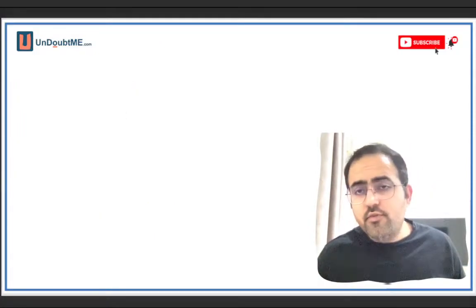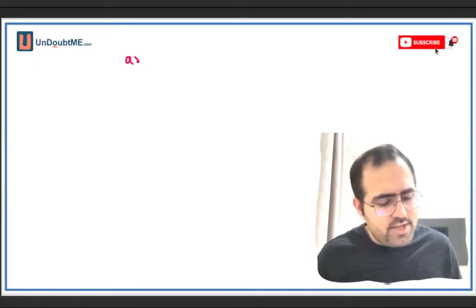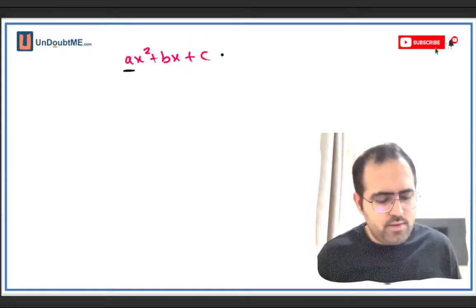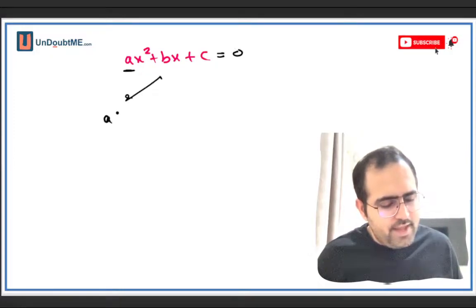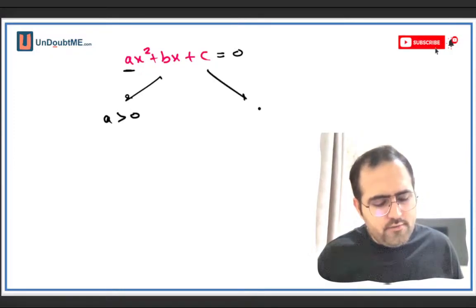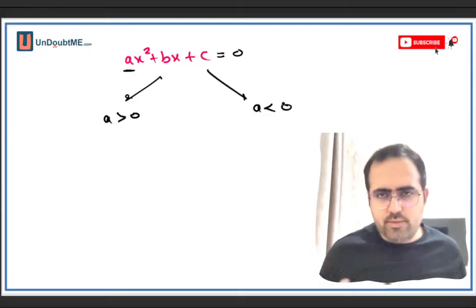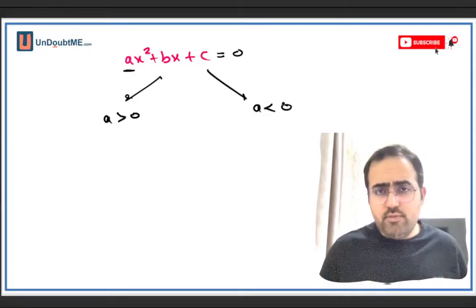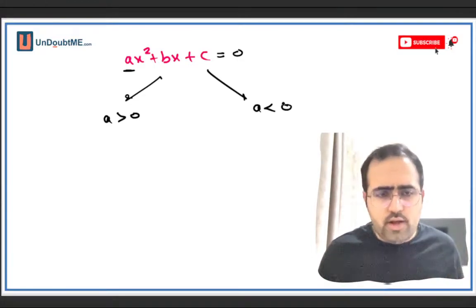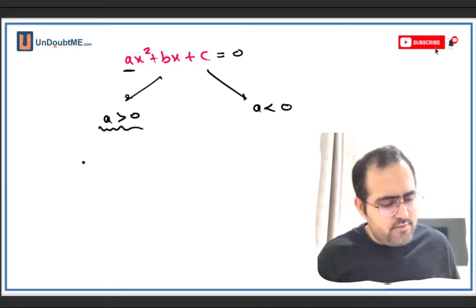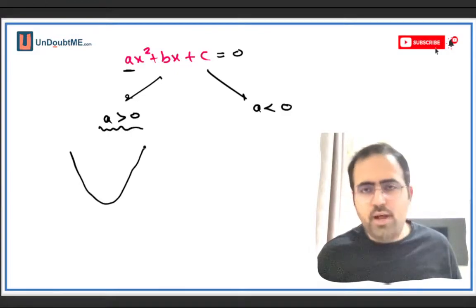To draw a graph of quadratic equation, we always have to check the sign of a, the coefficient of the x squared term. If the sign of a is positive or negative, these are the two possibilities. The graph of a quadratic equation is a parabola, but for a positive, it will give me an upward parabola.